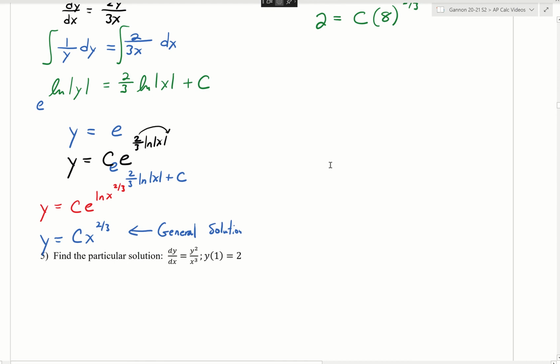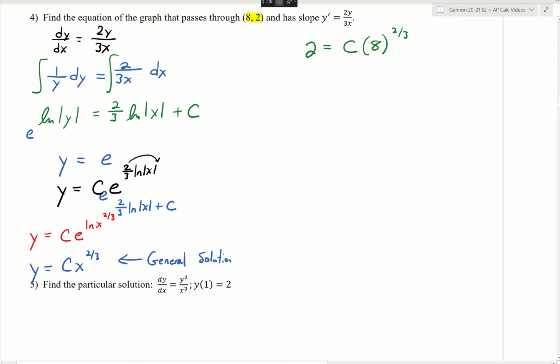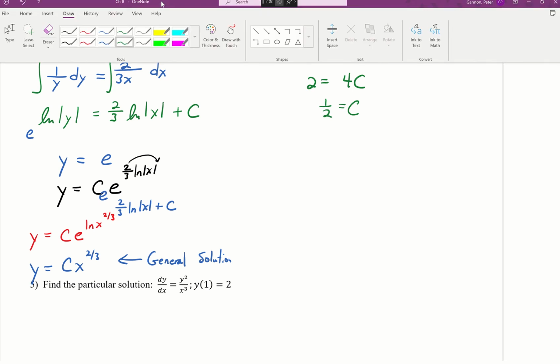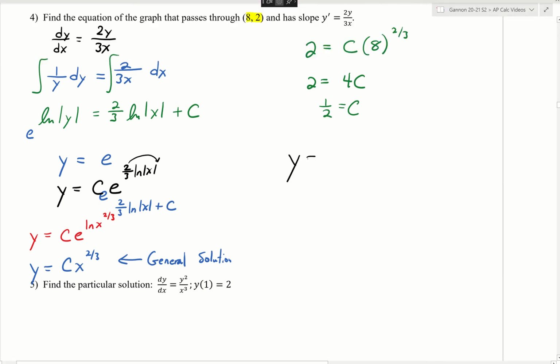All right. But we have 2 equals c 8 to the 2/3 power. We need to simplify that down. So let's think about this. The 2/3 power, that's the same as the cube root of 8 squared. So 2 squared is 4. So this is 4c. And if we divide by 4, we find out that c is 1/2. And that means that our particular solution is going to be 1/2 x to the 2/3 power.